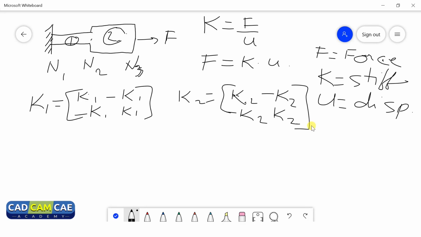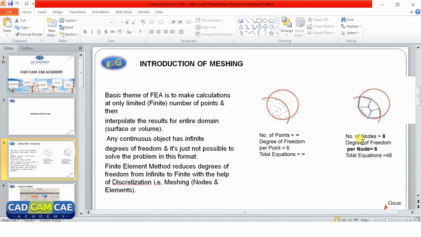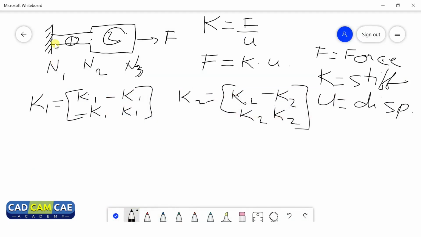So according to this, this is a one dimensional problem. Okay, so degree of freedom at each node, as we have seen, will be 1 and the number of nodes is 3.